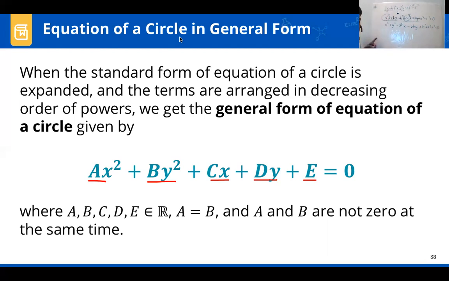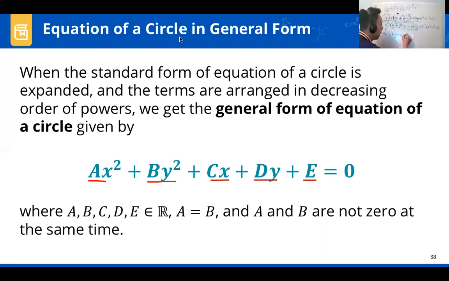To see it more clearly, the ax squared is this. This is the by squared. Okay? These two are the cx.